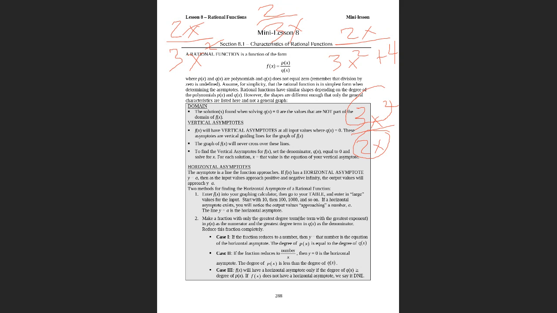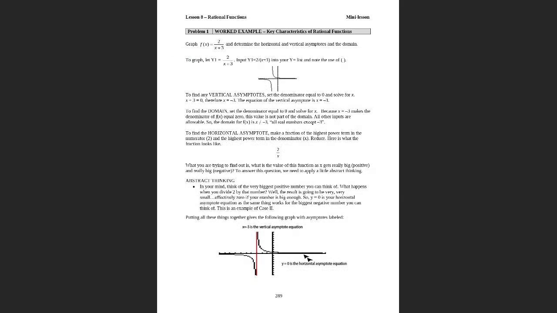When this happens, our horizontal asymptote is undefined. So those are the 3 options we've talked about. Now let's look at some problems.